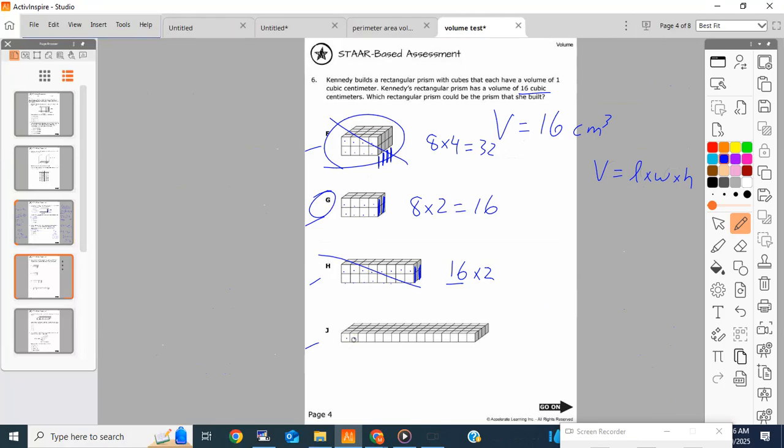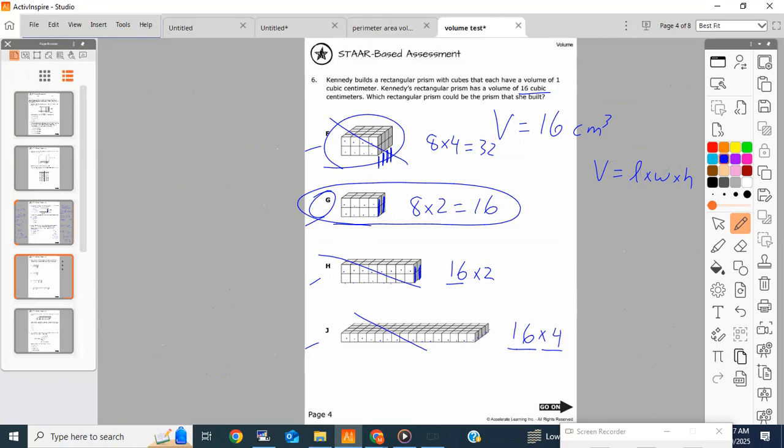There's 16 on each layer, and there's 1, 2, 3, 4 layers. So again, we're looking for a volume of 16. The first layer already has 16, and then we're going to multiply it by 4. I don't think we're going to end up with 16. So the easy answer choice is going to be G.